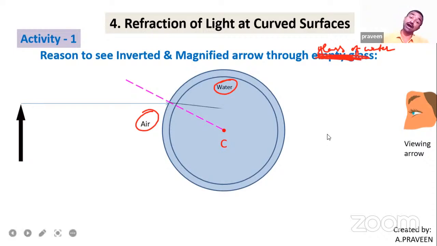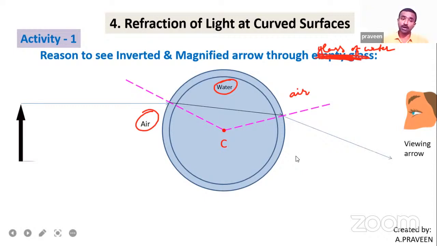It goes directly to the other edge of the glass. At the other edge, it again changes the medium from water to air, so it undergoes further refraction. Here consider the normal. Denser to rarer bends away from the normal. So it goes like this, downward.